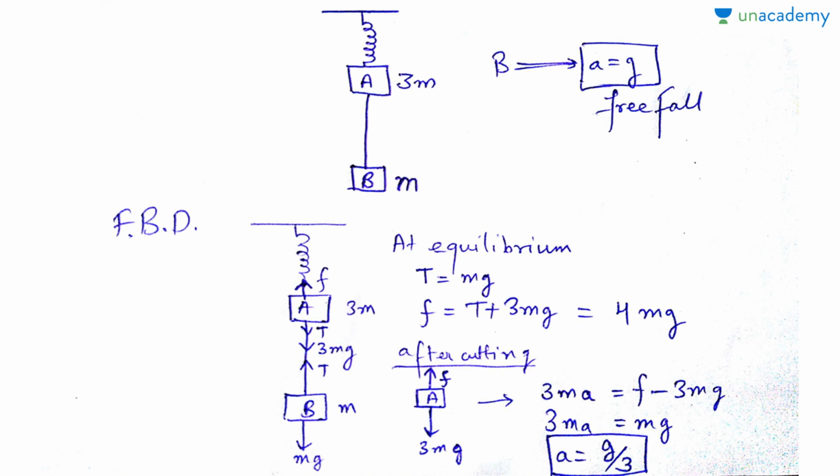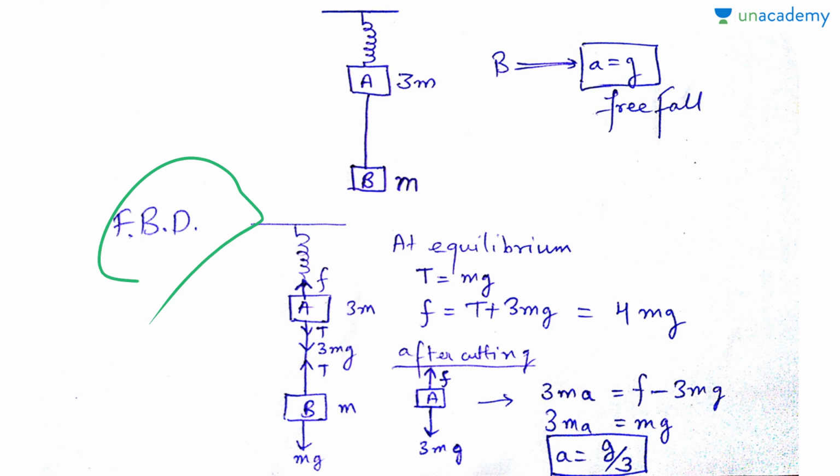In this problem we have a spring that is attached to A, which is of mass 3m, and we have another block of mass m that is attached to block A with an inextensible string. Now let us look at the free body diagram.